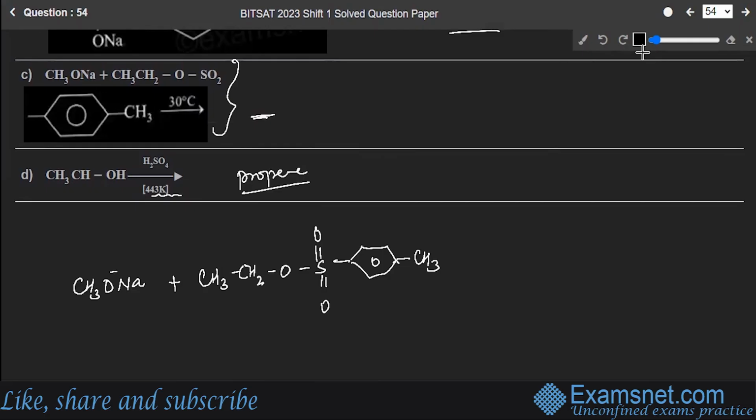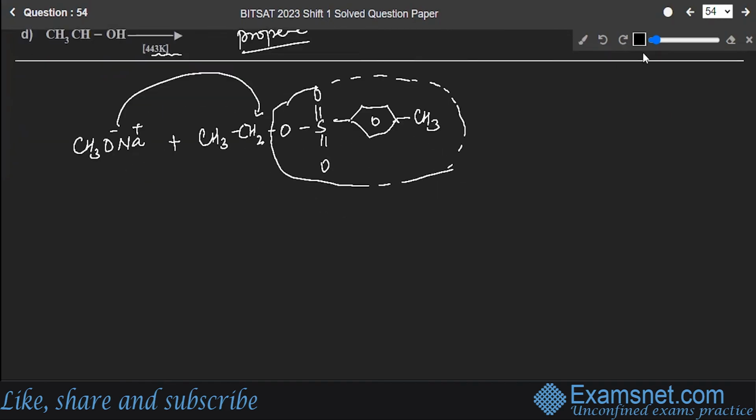All right, so this is negative and this is positive. It will link over here and this will break up. This is your tosyl group.